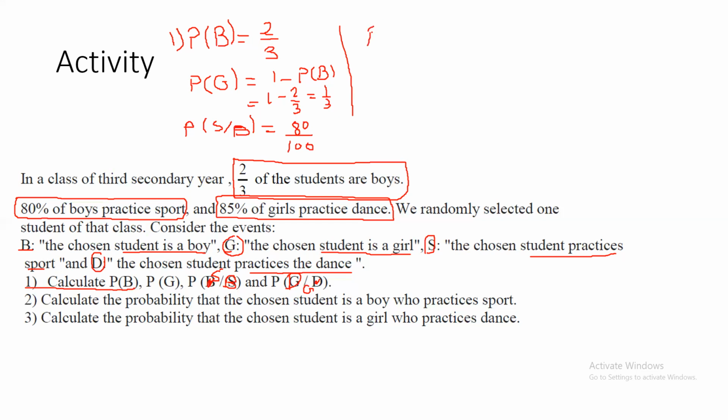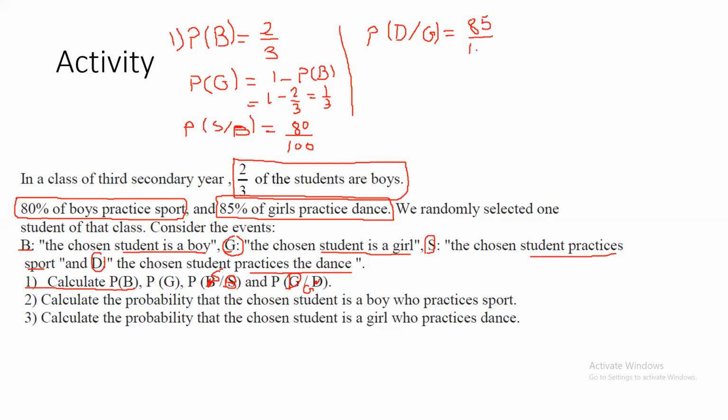Now the probability of D given G. Knowing that the student is a girl, what is the chance that she practices dance? 85 over 100.